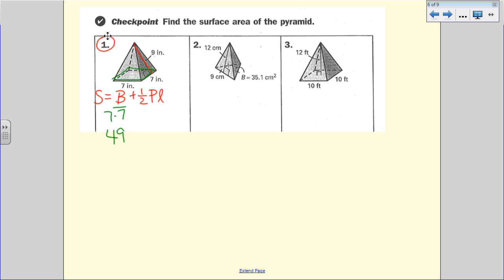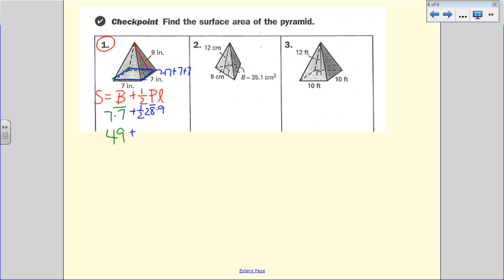We're going to have 1/2 the perimeter, and I need to add those up. So 7 plus 7 plus 7 plus 7 is 28. So 1/2 times 28 times that slant height of 9. So when we take that 1/2 times the slant height times 9, I'm going to need to get my calculator.